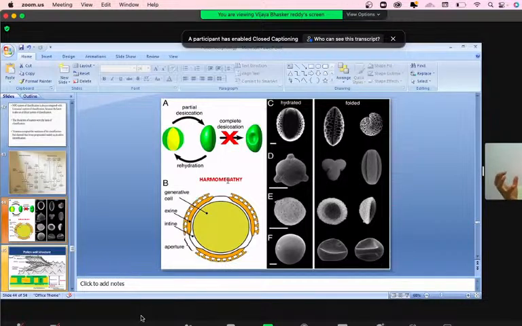Once the pollen grain is placed on the stigmatic surface, the stigma has exudates, sticky, sugary substances. Once it lands there, because of those exudates, the first step in the germination of the pollen grain is hydration. It absorbs moisture, more and more water, moving from higher concentration to lower concentration.